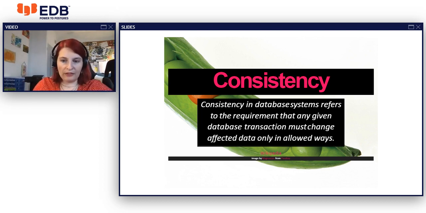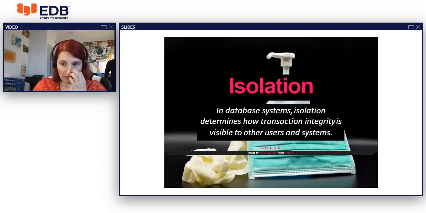About isolation now. In a database system, isolation determines how transaction integrity is visible to other users and systems. Because if we created a database, it's because we want many people to access data at the same time.